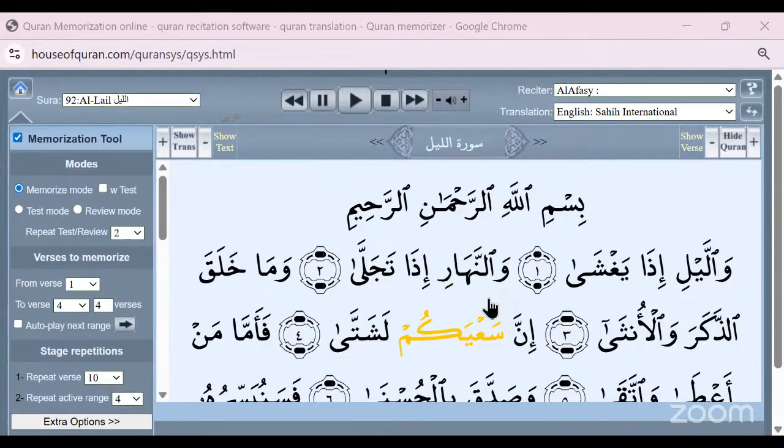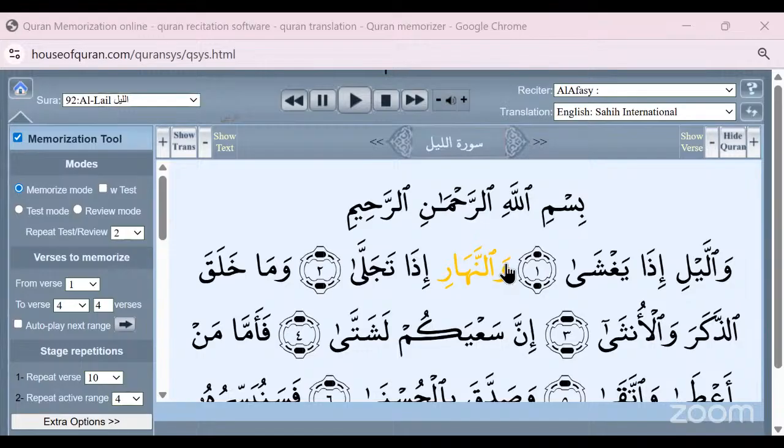Wan-nahari. We do not get to pronounce the lam because the noon that follows the lam is a sun letter. You get it?